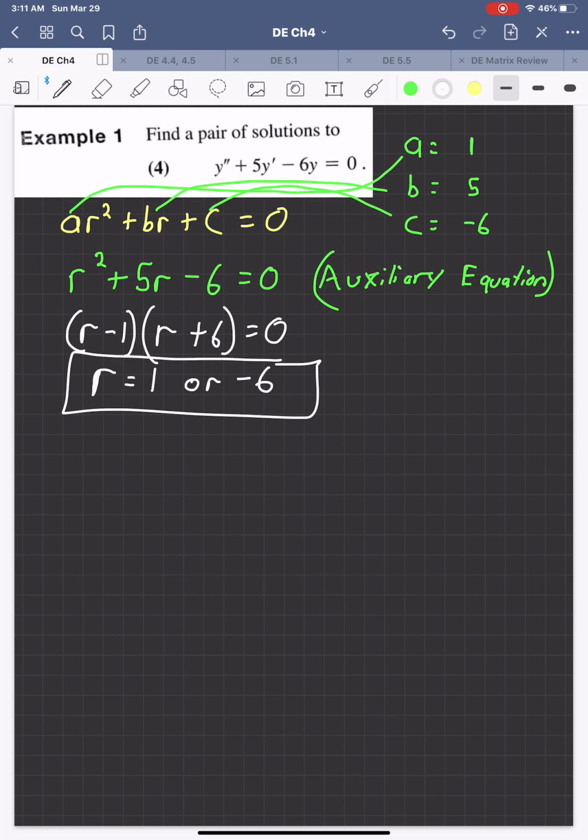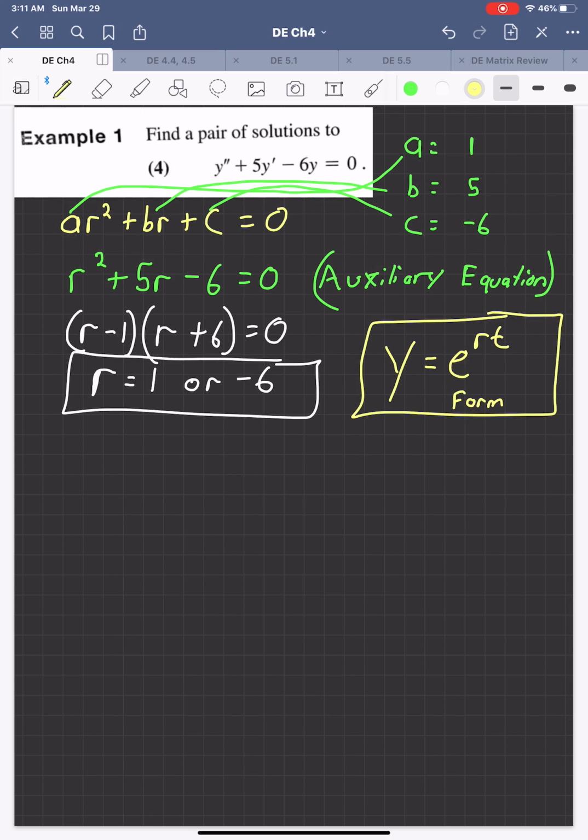So what that means is, let's go back to the general form of the solutions. Remember, y is equal to e to the power of rt. Right, this is the form. So in this case, we're looking for a pair of solutions.